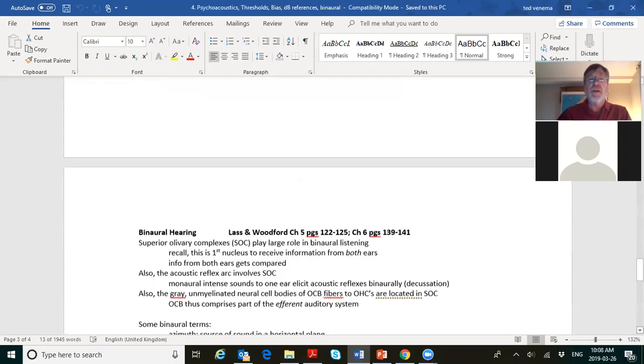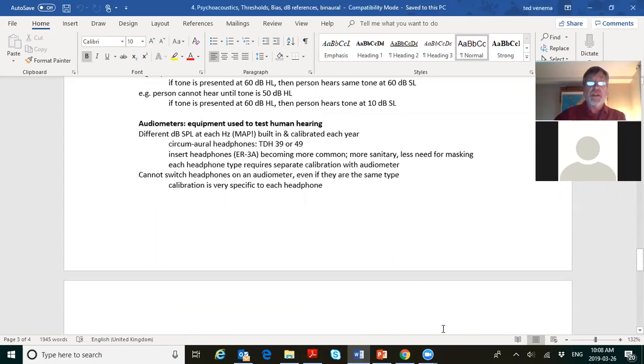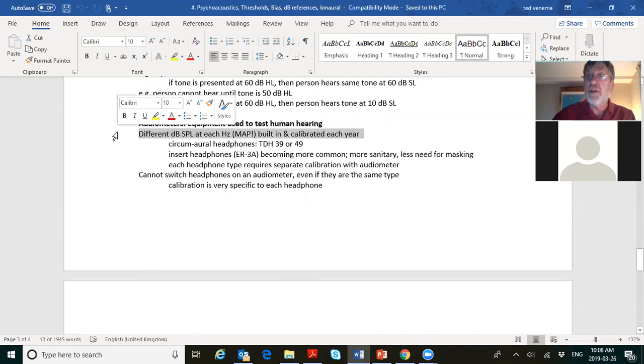Now we can finish today. So anyway, this calibration business, before we leave it: MAP is built into the audiometer, and it is built in while the headphone is attached to the audiometer.